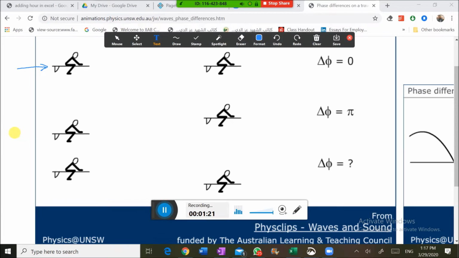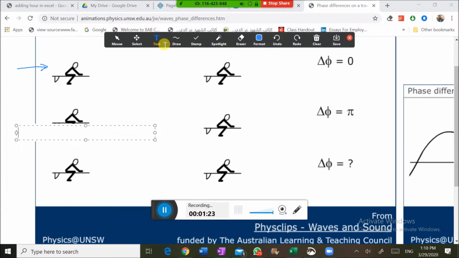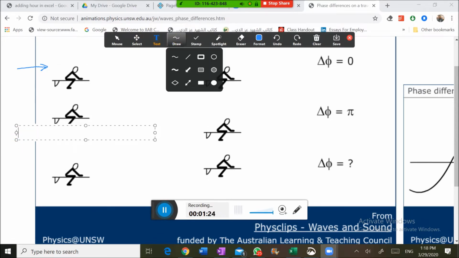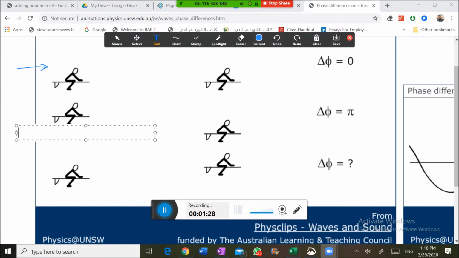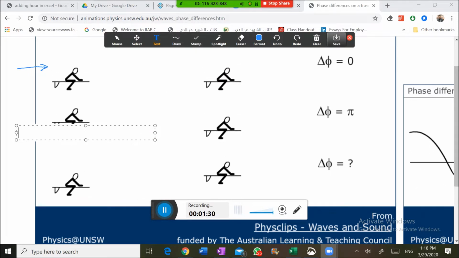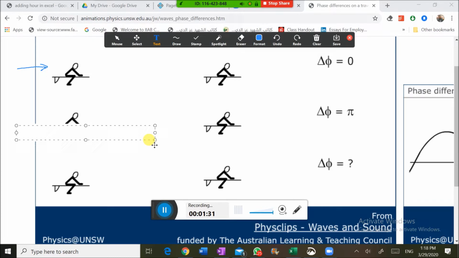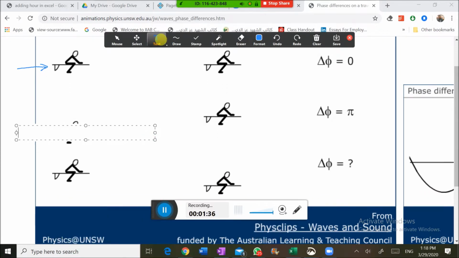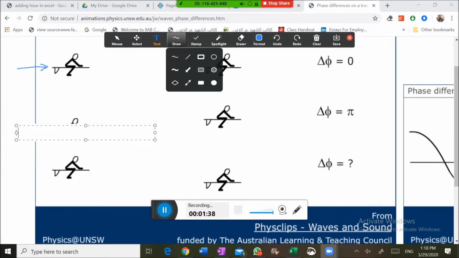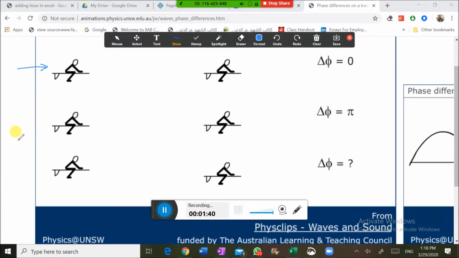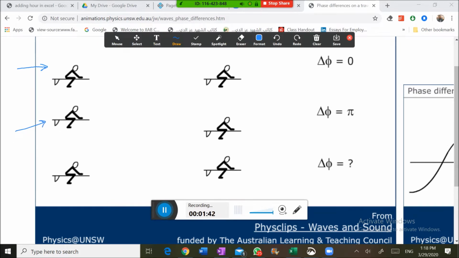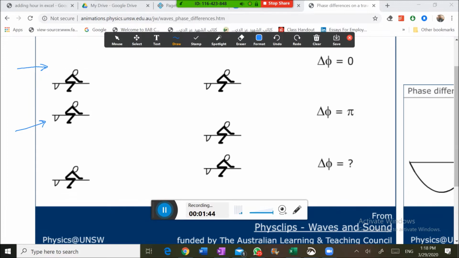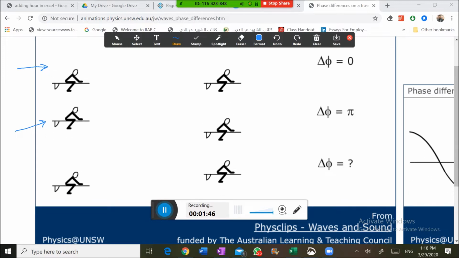Look at the second set. Wait a moment. Look at this. Guys, they are oscillating totally opposite, right?